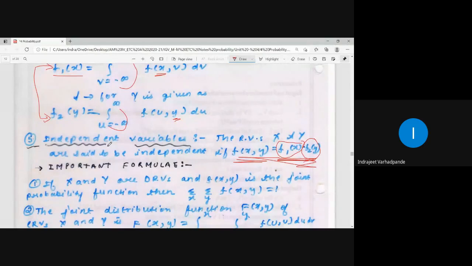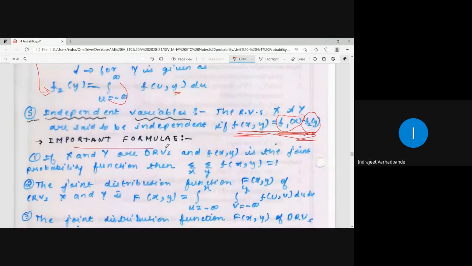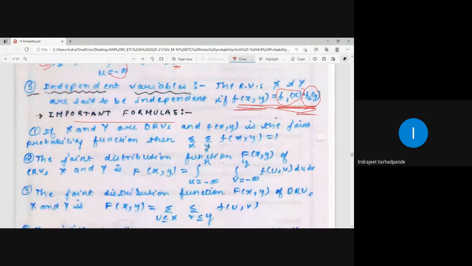So this is the summary of whatever we have learned up till now for joint distribution containing the random variables x and y. This is the important list of formulae. What is the formula to be used for a discrete random variable in the nature of joint?